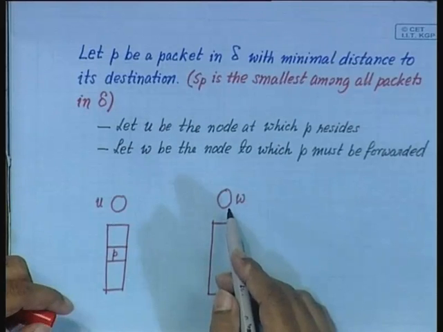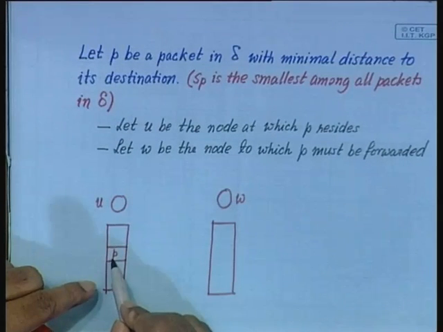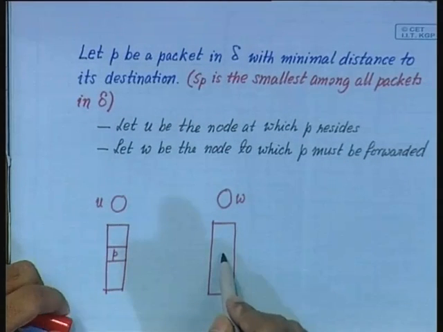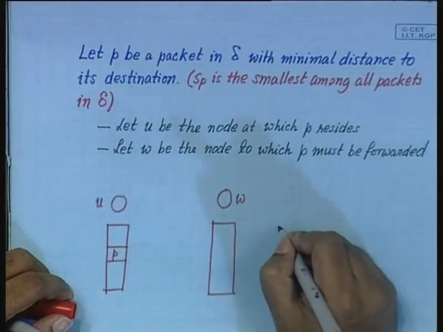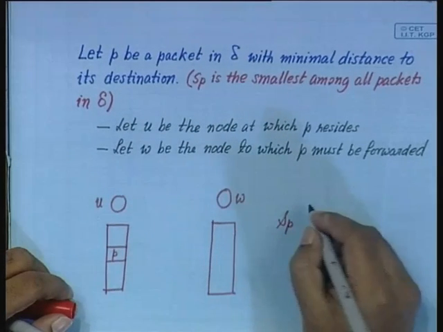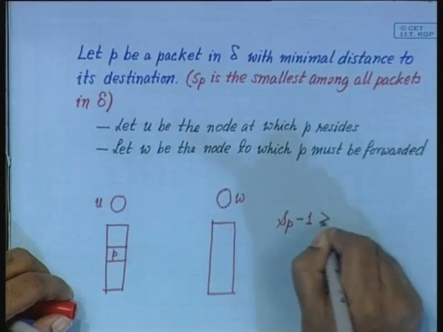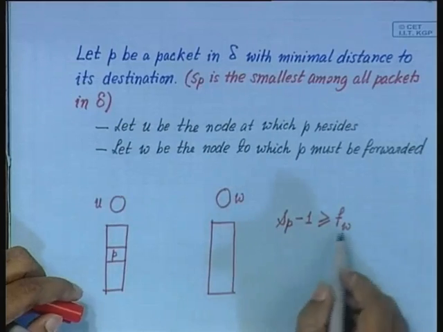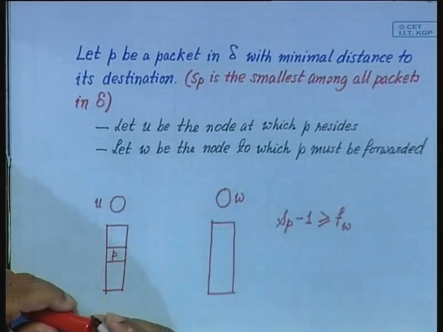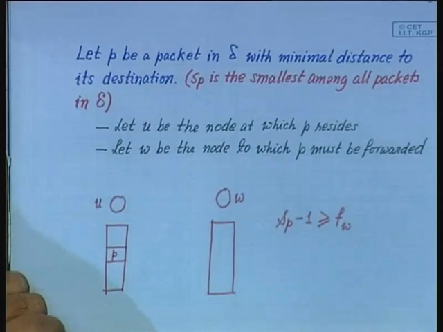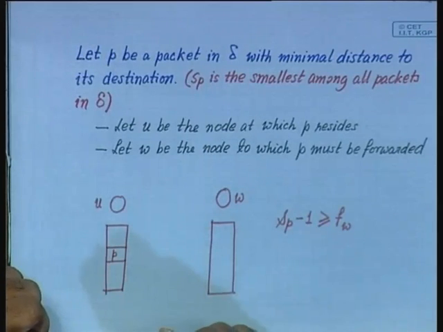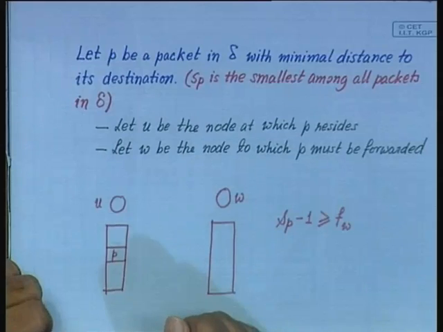Less than SP minus 1, because the number of hops from here is SP, the number of hops from here will be SP minus 1, right. So, therefore, we know by virtue of our controller that SP minus 1 must be greater than or equal to FW, okay, and that is why W did not receive the packet. We cannot forward it to W. If it was not so, if this was less, then W would have accepted the packet, right. Okay.